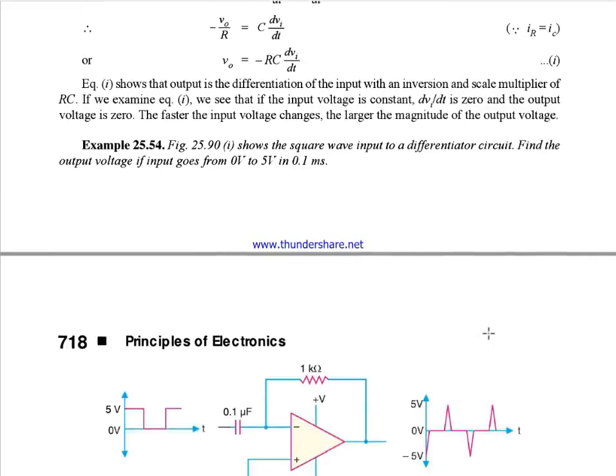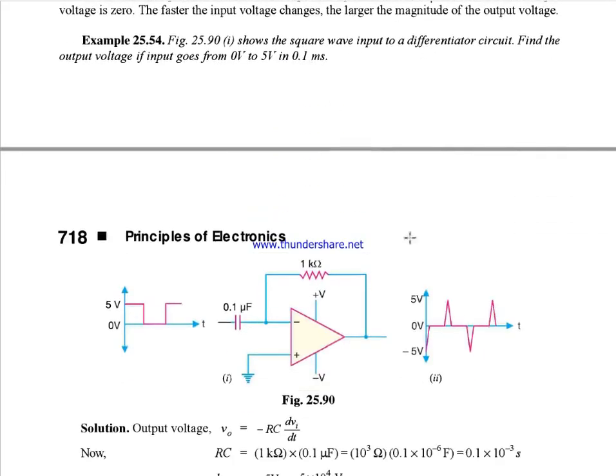Next is the differentiator. In this picture, this is a differentiator, because we have a feedback resistor and a capacitor. Find the output voltage if the input goes from 0 to 5 volt in 0.1 millisecond.